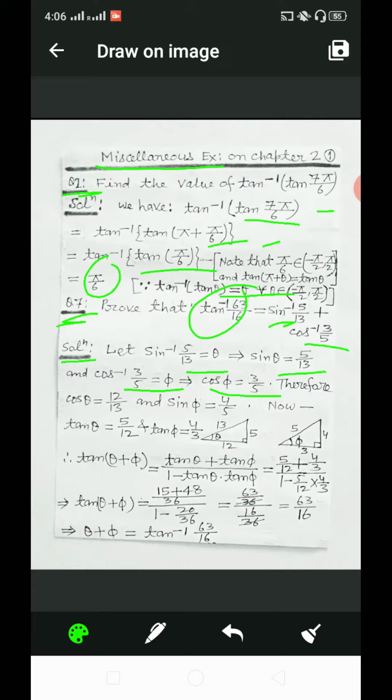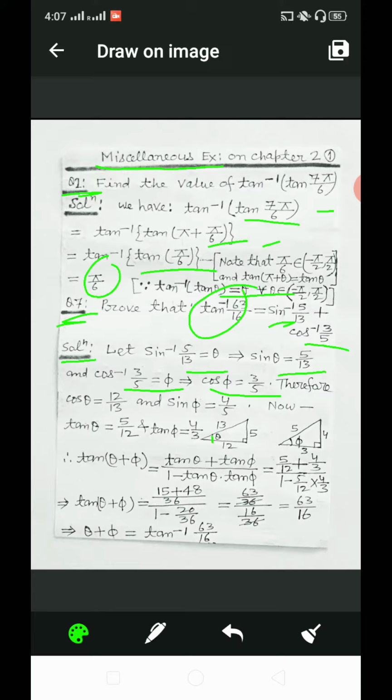Dear students, from the right angle triangle, here theta is an acute angle that lies between 0 to pi by 2. So, if we know sin theta is equal to 5 by 13, on the basis of this we can find cos theta using Pythagoras theorem.